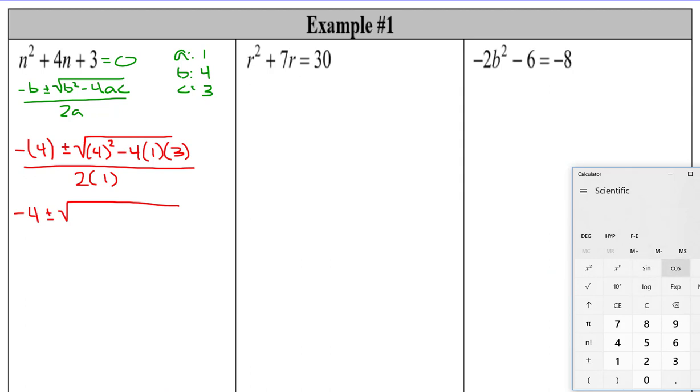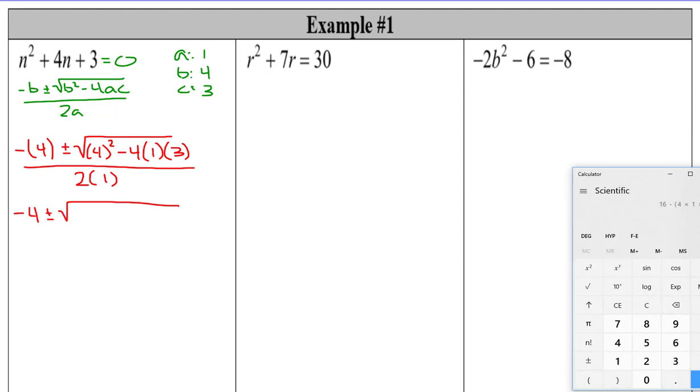If you have your calculator up, you know that you're going to have a positive 4 squared, and that's going to give you a 16. And then you're going to subtract. Let me just go ahead and put this all in parentheses: 4 times 1 times 3, and then I'm going to close that off.